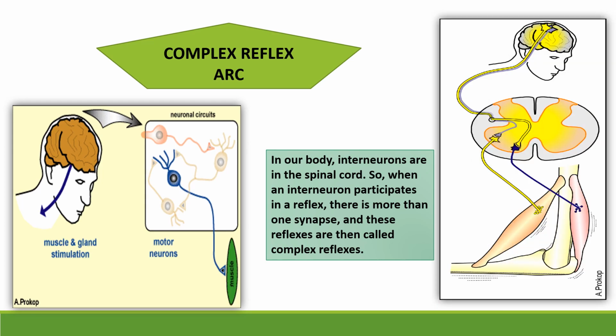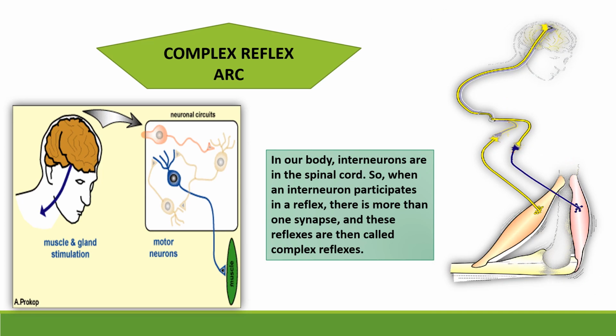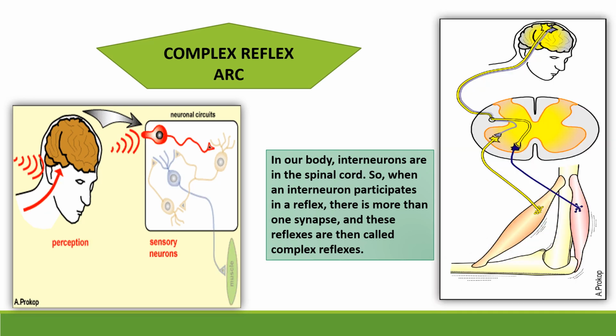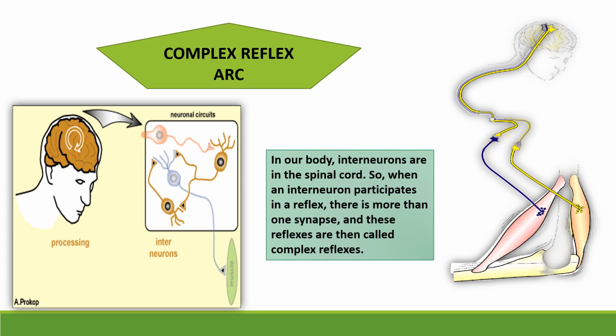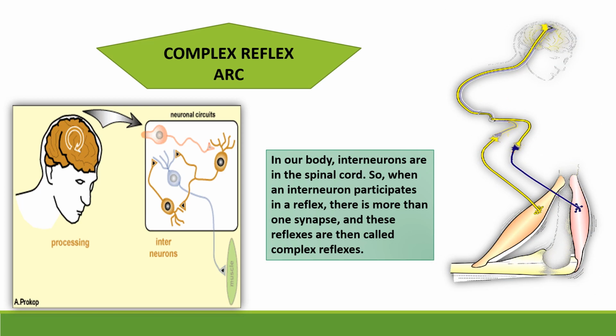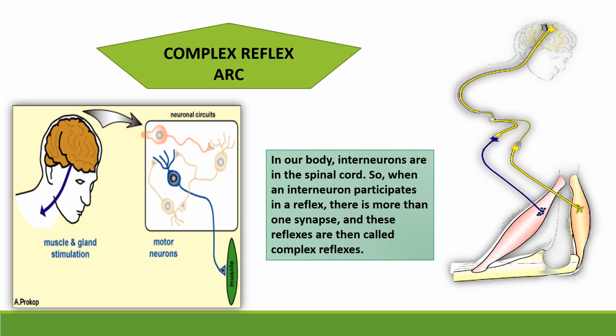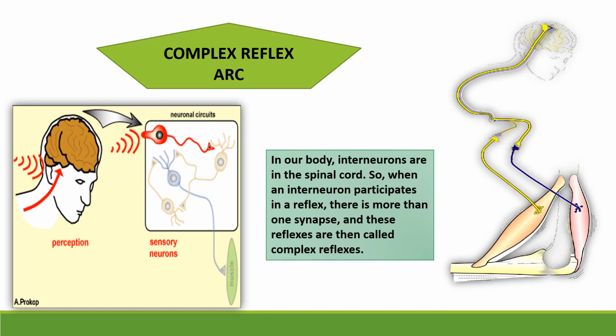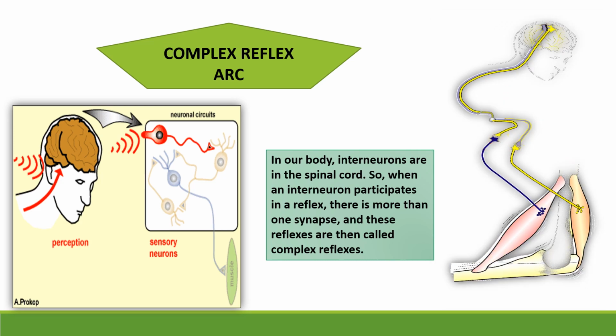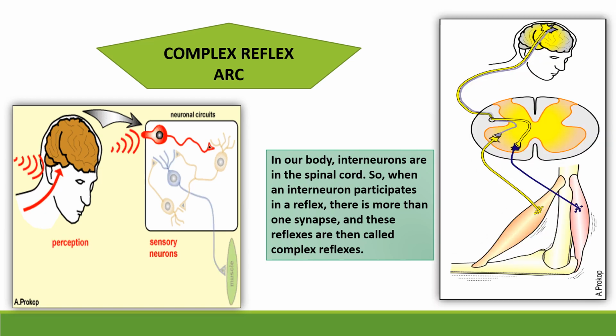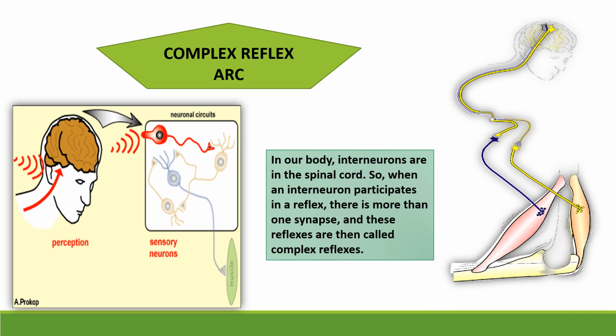I have given 2 examples here, muscle and gland stimulation, where perspiration occurs. It shows how perspiration occurs through the neuronal circuits in the interneuron structure. Ultimately it comes to the muscle. Here also it happens on two legs at a time. So this is the pathway of complex reflex action.